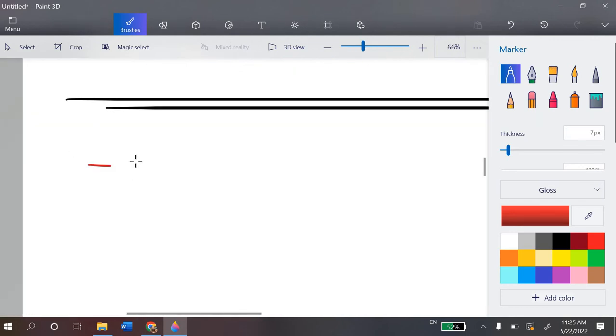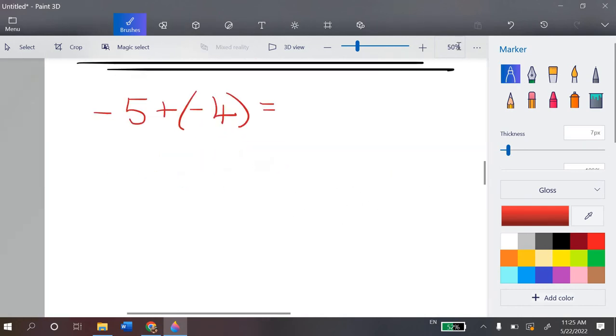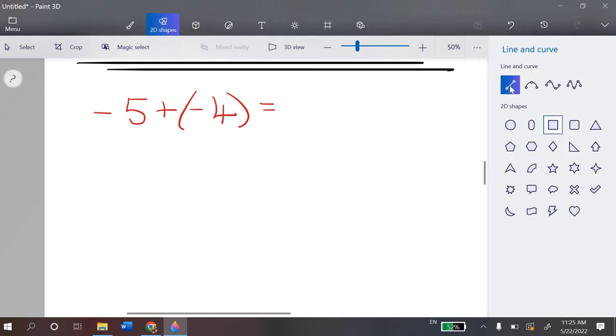Let's go with negative 5 plus negative 4. Okay, this will be in brackets. If it's plus a negative number, you have to put it in brackets. Okay, you have to put it in brackets. Okay, let's get our number line.